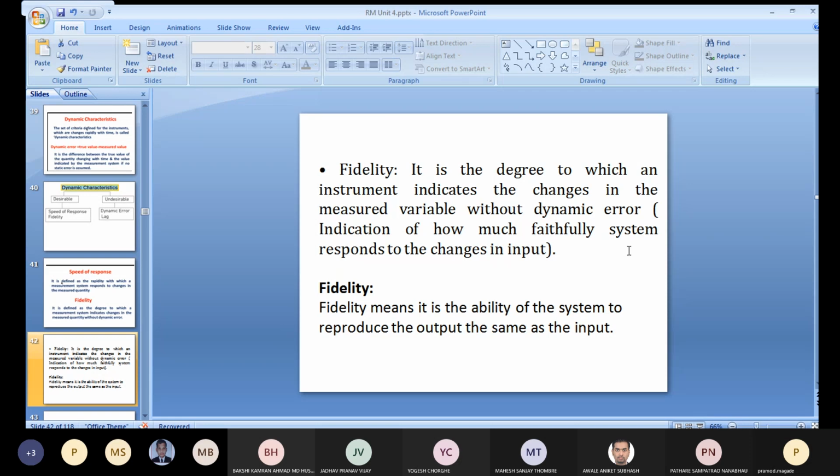This is very important. Without dynamic error. In brackets I have mentioned: the indication of belief on the instrument, an indication of how faithfully the system responds to the changes in input.